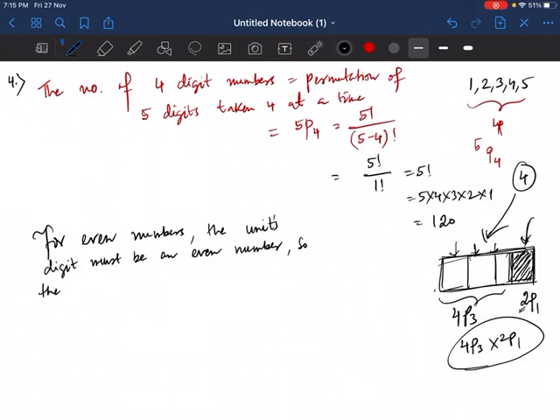The units digit can be filled in 2P1 ways.